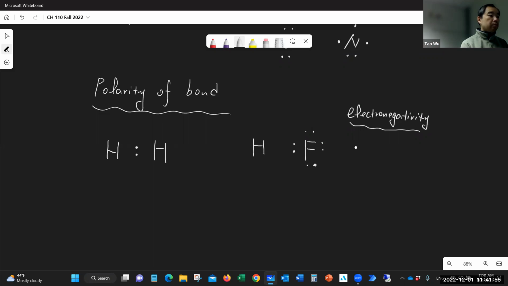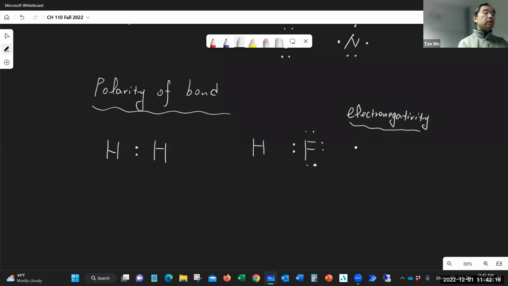In this case, those electrons are more close to the fluorine, which gives the fluorine more negative charge. If the fluorine completely gained the electron, then the fluorine would have a 1 negative charge. That makes sense, right?